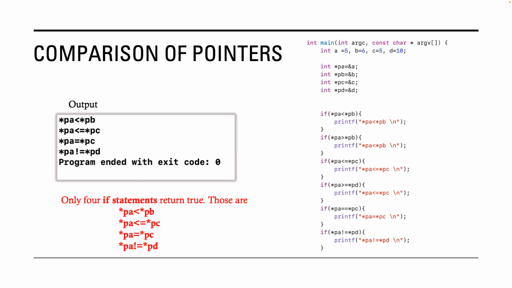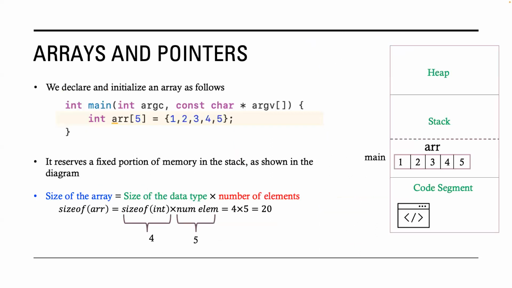Here you can see some information about pointers and arrays. First of all, this is just a normal array, which is called ARR.